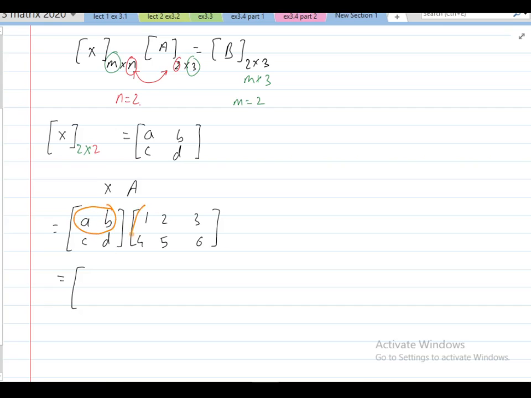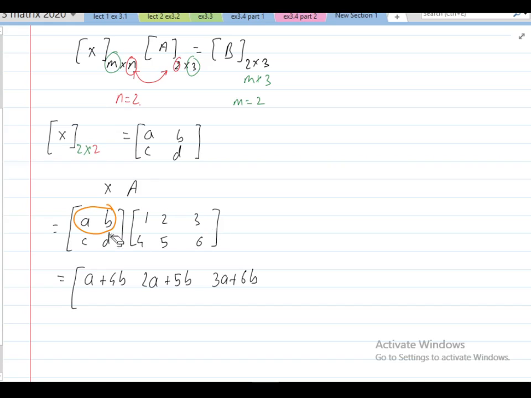First row, first column gives us A plus 4B. First row, second column: 2A plus 5B. And 3A plus 6B.